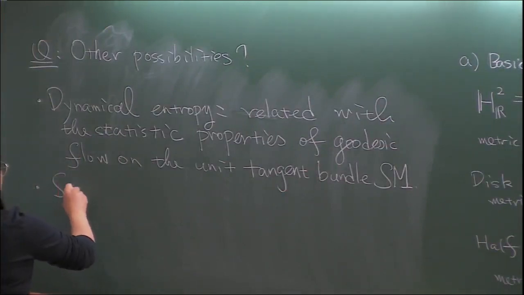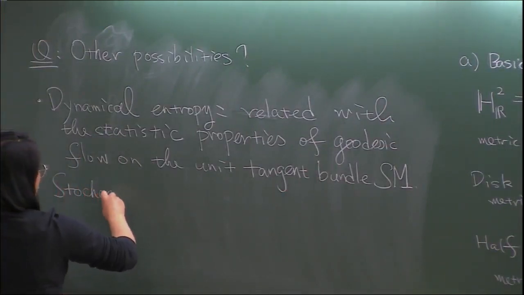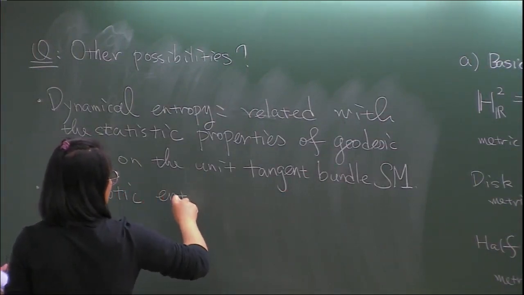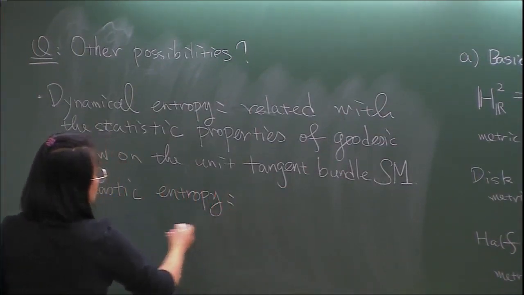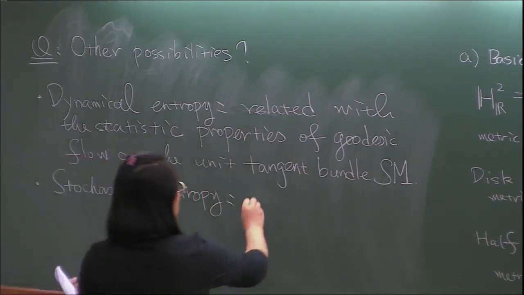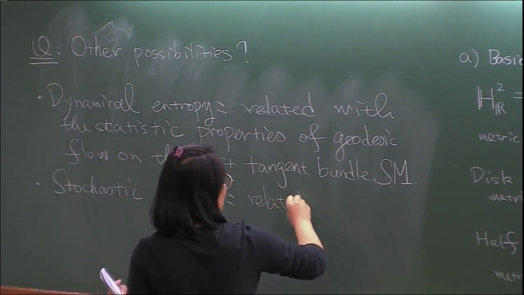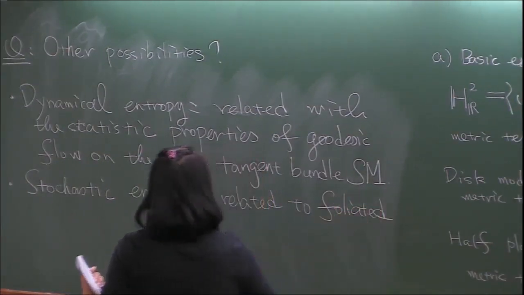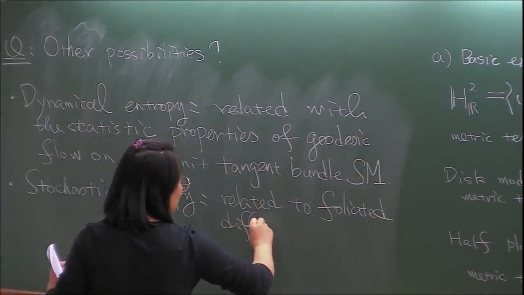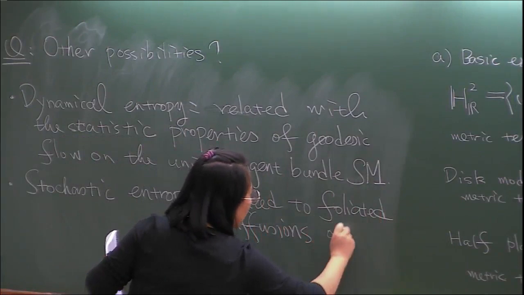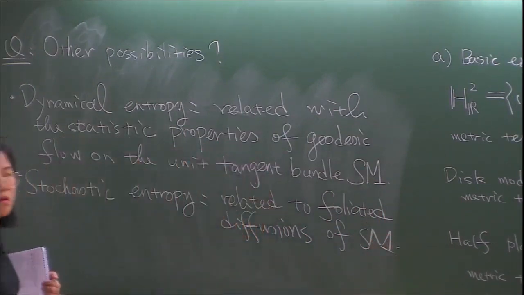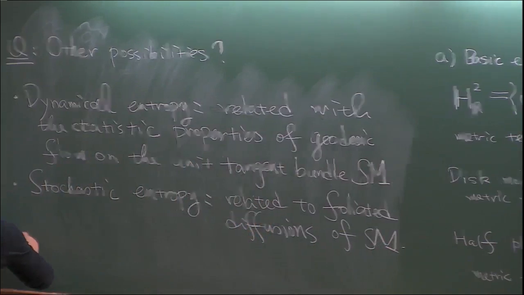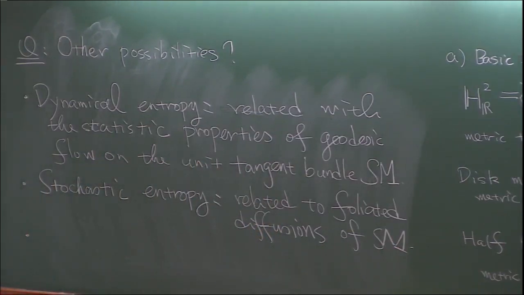So another point of view is stochastic entropy. Also, this is a class which is related to foliated diffusions on SM. But then finally, we will show that this stochastic thing is related to the deterministic thing.